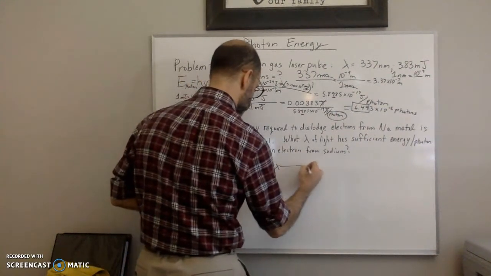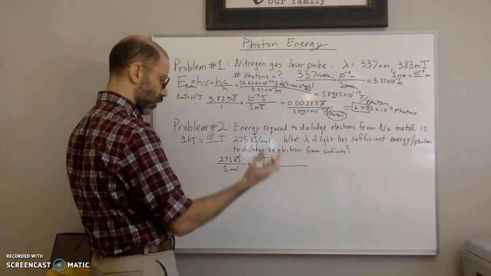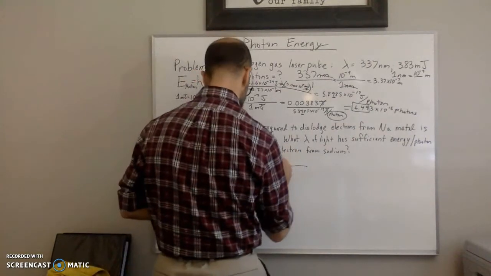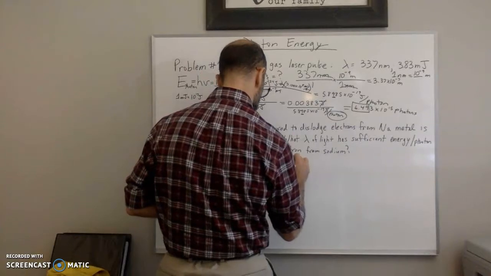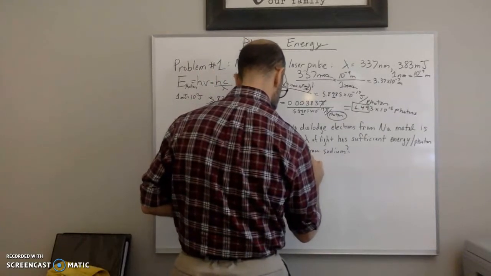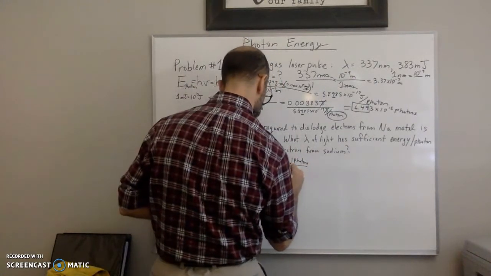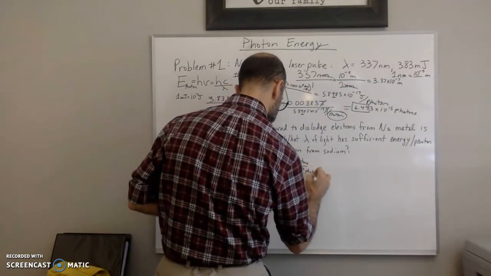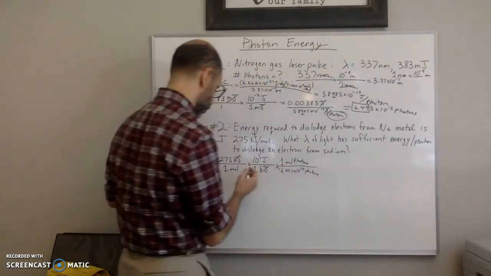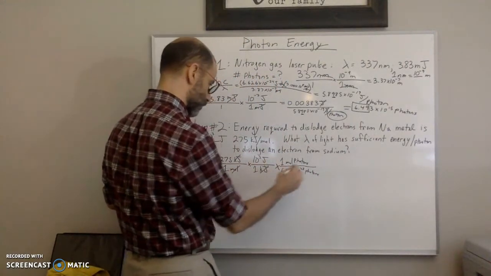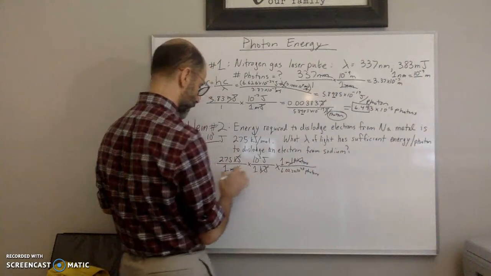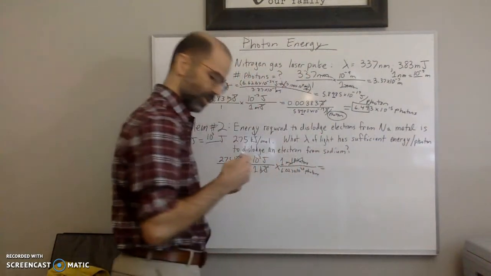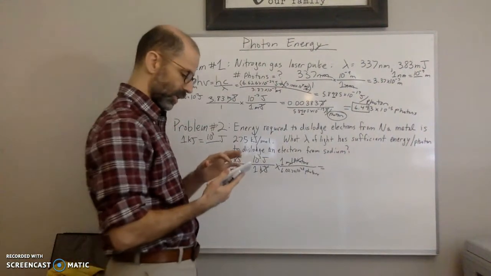Now I want to convert moles to particles. So 1 mole, I'm going to use Avogadro's number. So 1 mole of photons is equal to 6.022 times 10 to the 23rd photons. Okay, so moles of photons cancel out with moles of photons. Now I have joules per photon. So now all I need to do is calculate on my calculator.